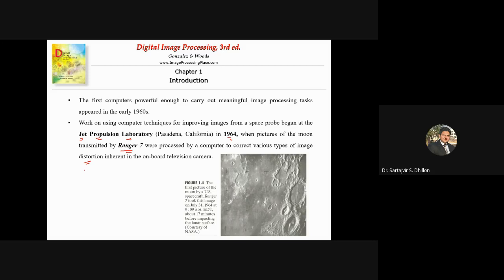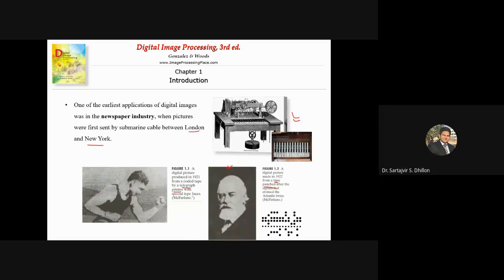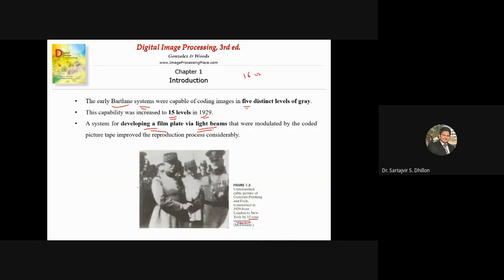And in order to correct that kind of noise which exists in a Ranger 7 image, we used the computer. So you have to remember this point. In the initial state, we used 5 levels of gray. Then 15 levels of gray were present.